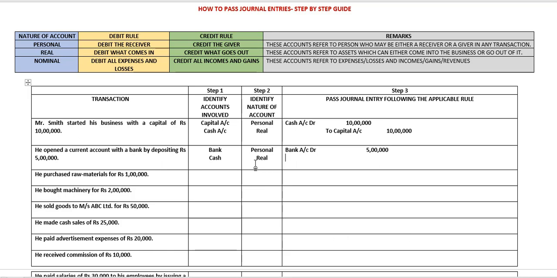Okay, the other account involved is the cash account, which is a real account, and we know the rule of real accounts. If something is coming into the business, debit it. If something is going out of the business, credit it. In this transaction, the cash is going out from the business to the bank. So cash will be credited in this transaction, because credit what goes out as per the rule of real accounts.